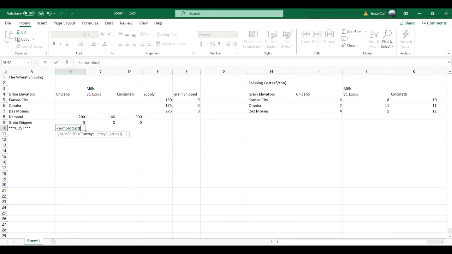In this situation, our sumproduct is all 9 of these squares, B5 to D7, multiplied by, and we do a comma for that. What we're indicating is arrays. I said we had a cost array. That was a decision array. So now we're going into array number 2, and that is up here.